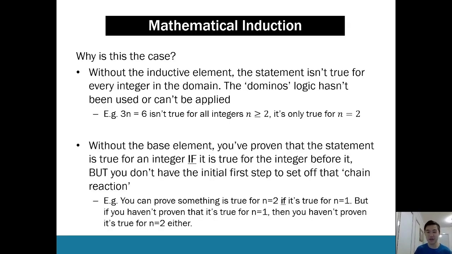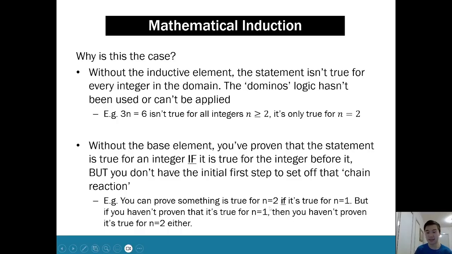However, if you don't have the base element, what you've done is you've proven that the statement is true for an integer if it is true for the integer before it, but you don't have the initial first step to set off that chain reaction. So for example, you can prove something will be true for n equals 2 if it is true for n equals 1, but if you haven't proven it's true for n equals 1, then you haven't proven it's true for n equals 2 either.